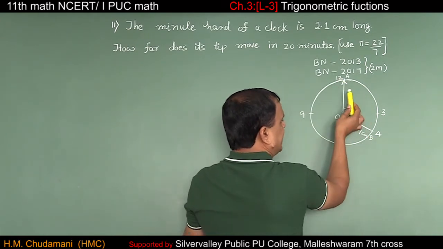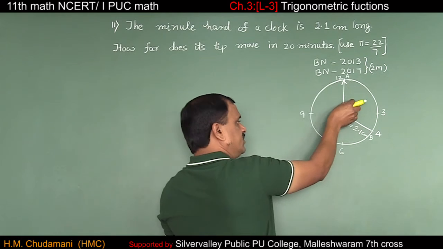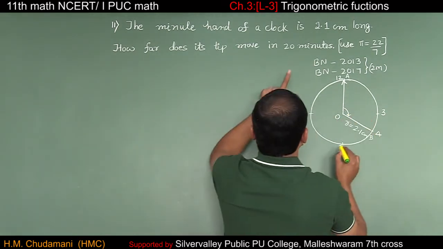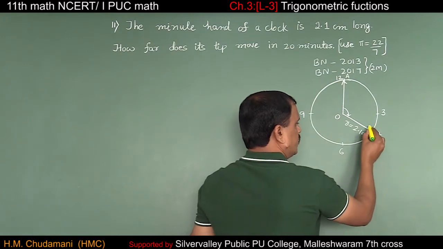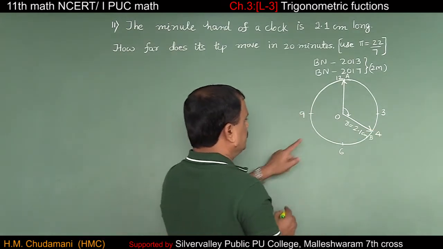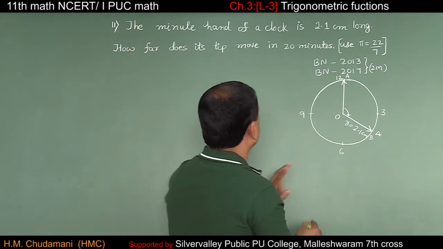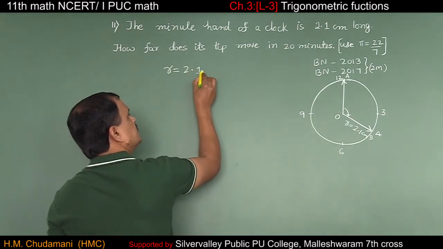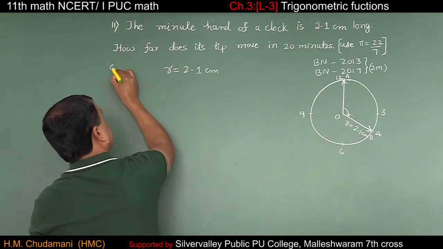The minute hand has to travel from 12 to 4 to cover 20 minutes. Okay, 20 minutes. The radius is 2.1 centimeter they have given.